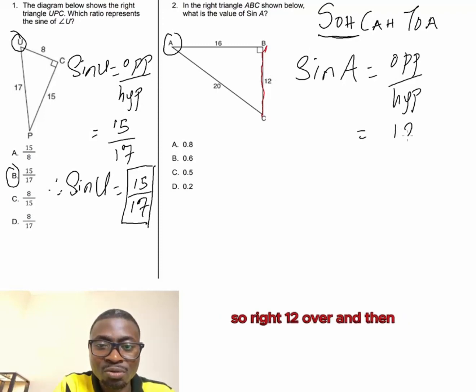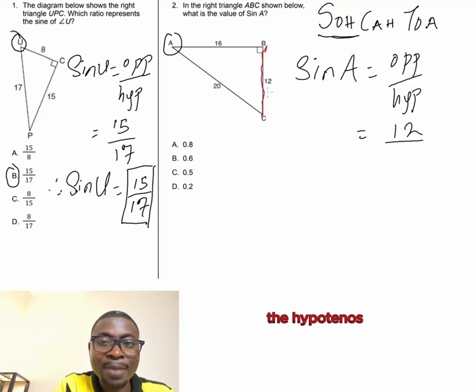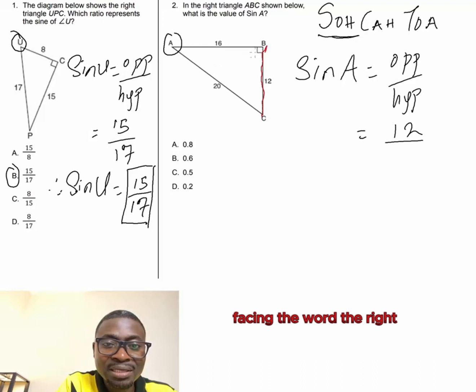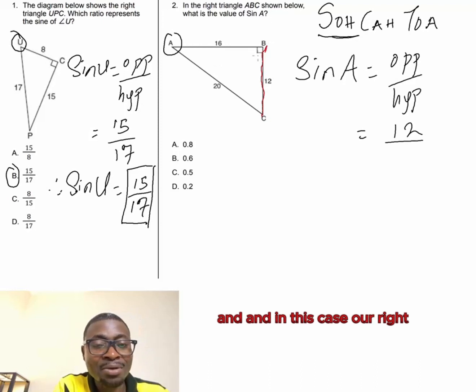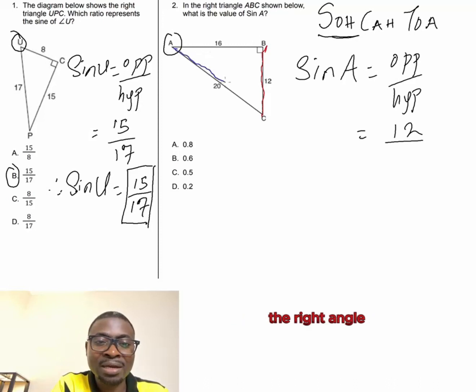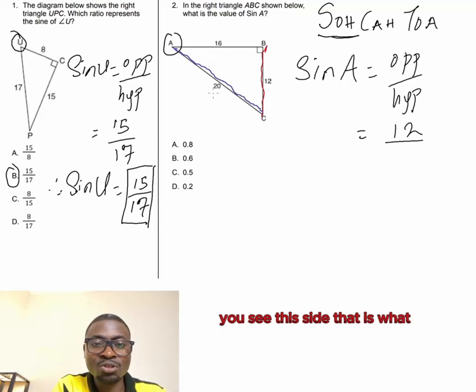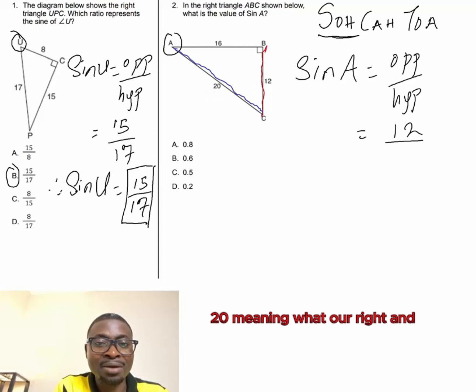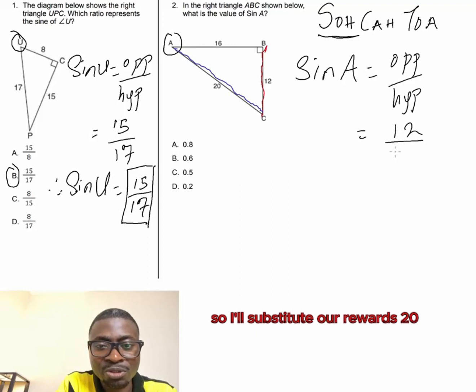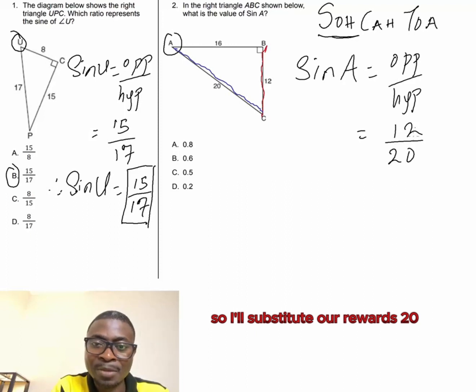So we write 12 over the hypotenuse. The hypotenuse is the side facing the right angle, and in this case our right angle is on B. So this side facing the right angle is 20. Our hypotenuse is 20.